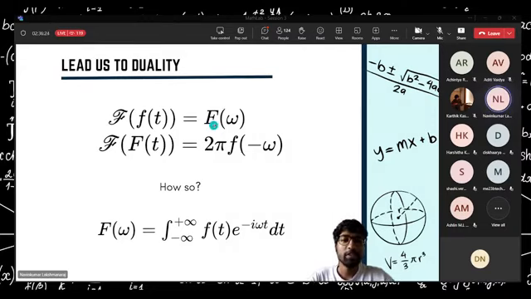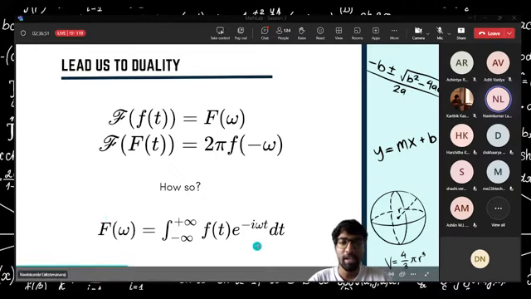Now let's say you take the exact same function, but instead of taking the domain as omega, you take the domain as the time space again and take its Fourier transform again. What you'll get is 2 pi times the original small f function with the input as minus omega. And how is this so? This is something you can prove by using the formula for Fourier transformation that Kashyap had shown before.